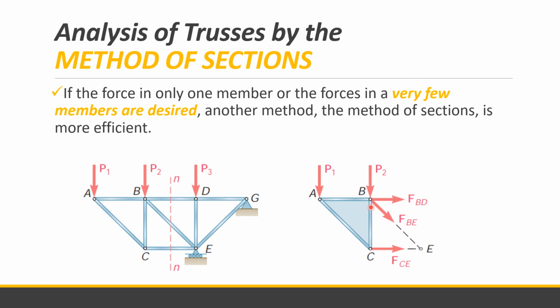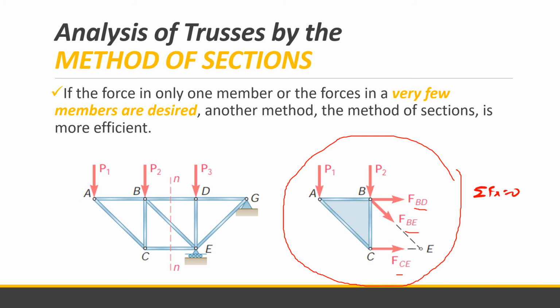Those will be the assumptions. This is the section, and this is the diagram or drawing we use in finding the forces FBD, FBE, and FCE using our equilibrium equations: summation of forces x equals 0, summation of forces y equals 0, and summation of moment equals 0. Using these equations, we can find the bar forces we are looking for.